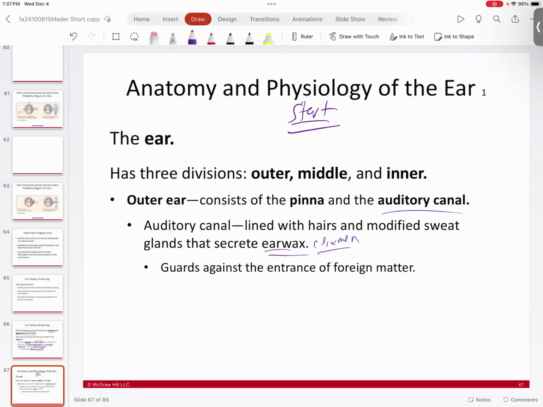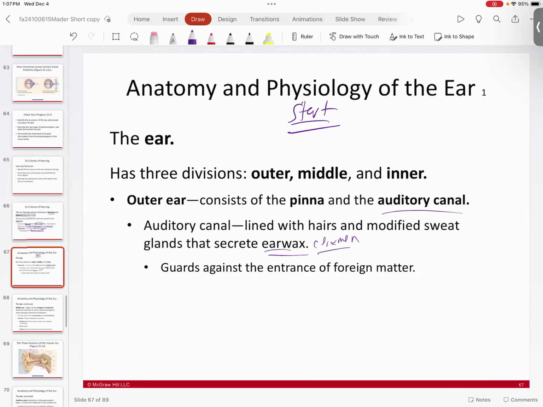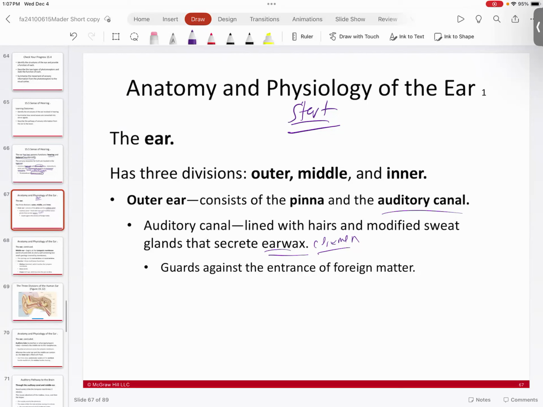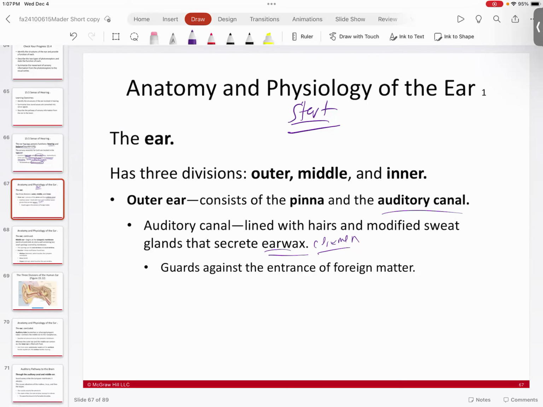You have two major sweat glands: eccrine sweat glands, which you associate with your skin when you sweat, and apocrine sweat glands, which are typically located in your armpits and genital region. Those are slightly different, with a little more of a lipidy secretion. And then you have this particular type of gland, the ceruminous glands, which secrete a very waxy substance.